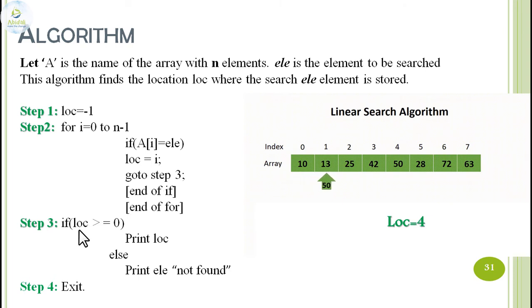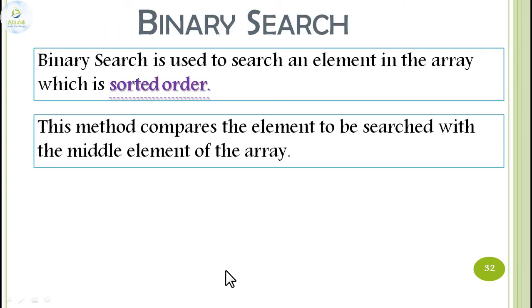So the location value is -1. Is -1 greater than 0? False. -1 is not greater than 0, so it will move to the else part. The 70 we are searching for is not found, so the search is unsuccessful. So this is how the algorithm works.